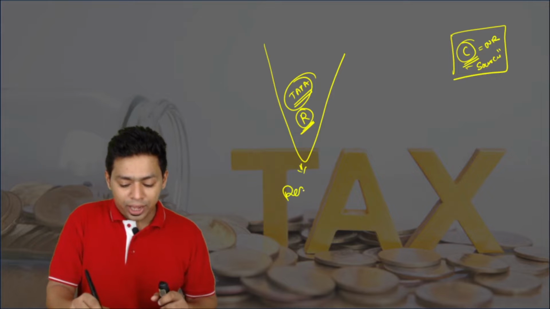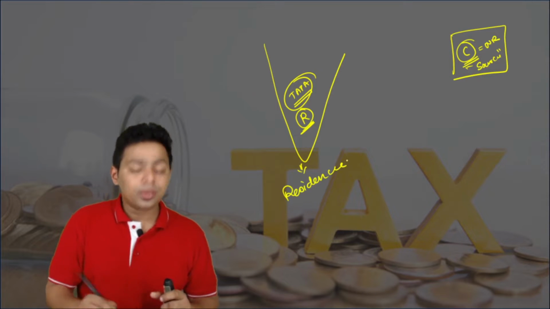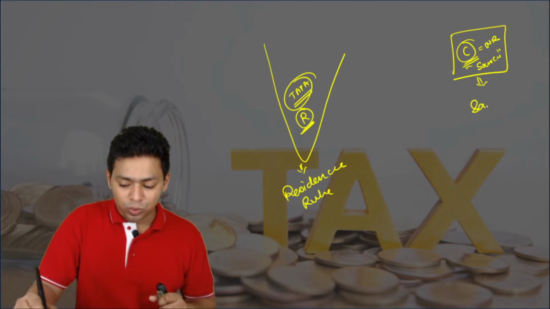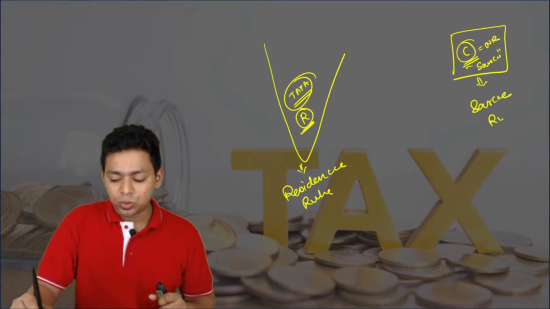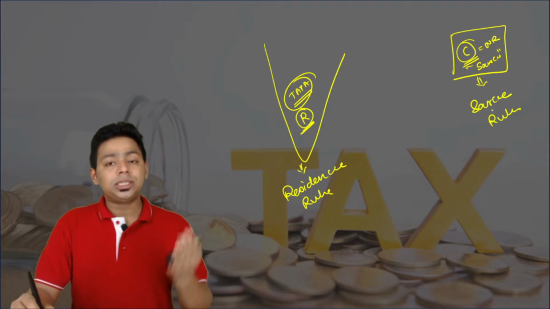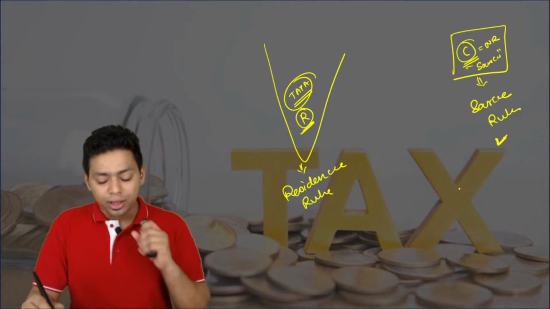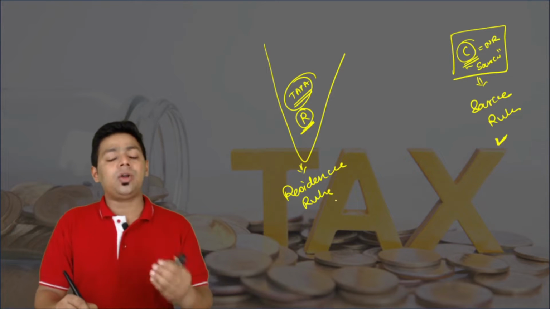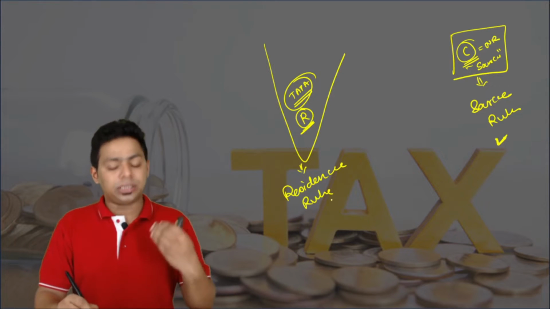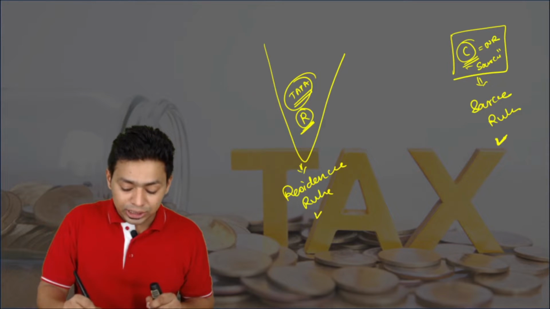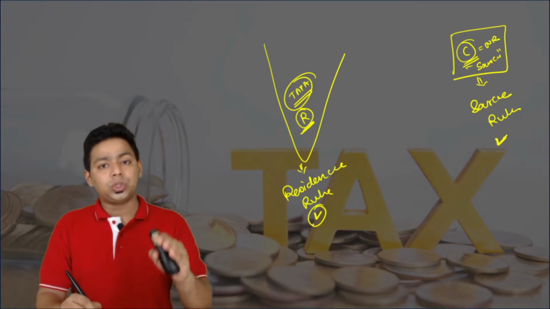India is applying the residence rule of taxation, and Canada is applying the source rule of taxation. One person is paying tax in Canada because the source of income is located in Canada, and the same person on the same income is liable to pay tax in India because he is a resident of India according to the residence rule.